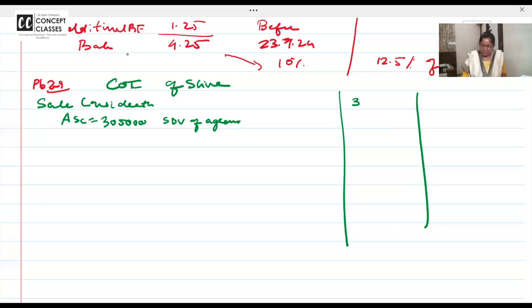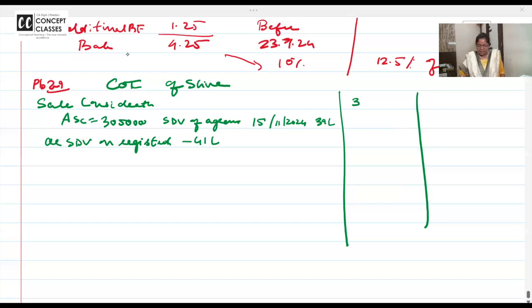On 15th November 2024, the stamp duty value is 39 lakhs. Or stamp duty value on registration, that is also given to you. On the day of registration how much was it? 41 lakhs. Are you getting?